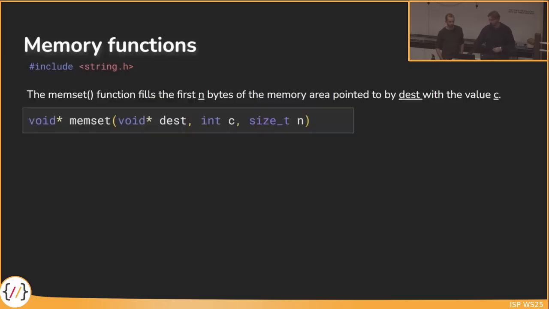The first one we are talking about is the function called memset. We're passing a destination pointer, the value c, and a number of bytes, the first n bytes in this case, that will be set to this value for a specific pointer. So we pass a pointer, we want to store the value c, which can be an integer value, and we write this value into the first n bytes of the memory that we pass as a pointer.